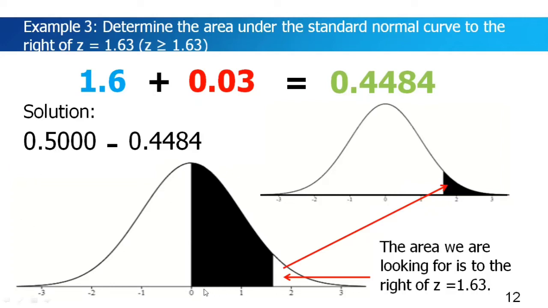So we are looking for the area here. So we're going to subtract 0.4484 from 0.5, or that is 0.5 minus 0.4484. And the answer would be 0.0516. That would be the area here to the right side of our z equals 1.63.